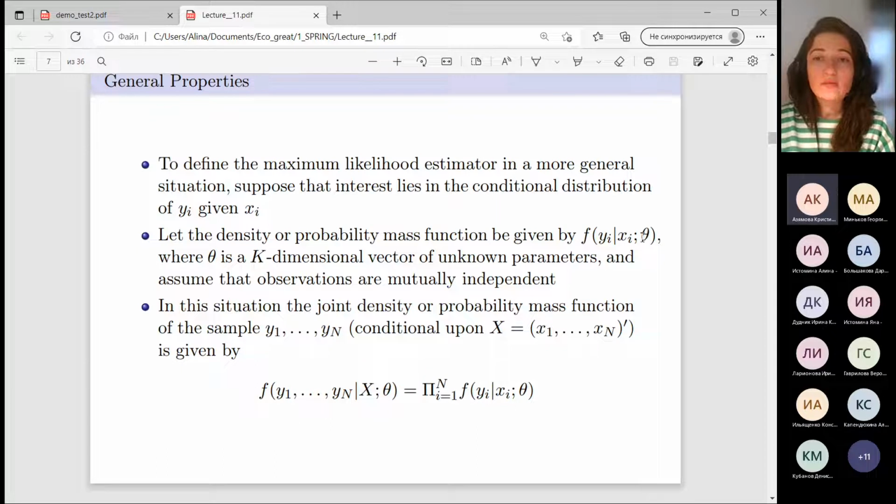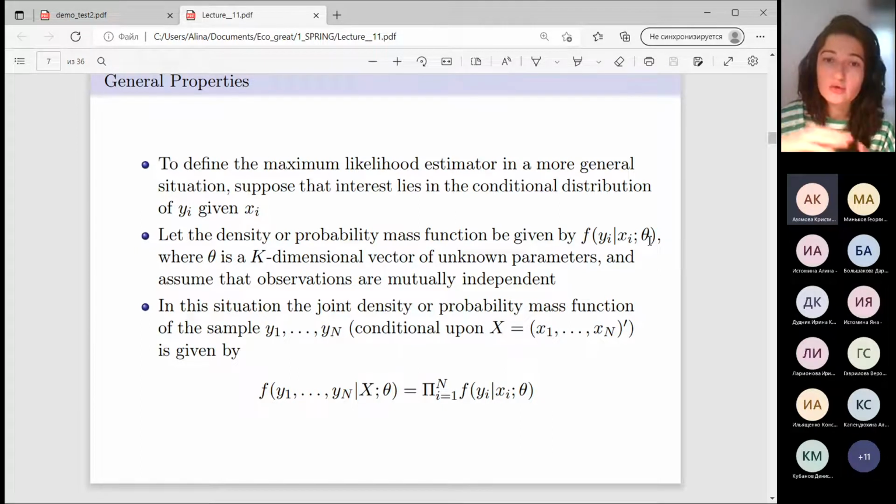But also we have some unknown parameter, theta. And also we need to assume that all the observations are mutually independent. What does it mean? For example, if we have different respondents in our sample, of course, we need to assume that all these respondents, or all these firms, if we work with a sample of companies, are independent.